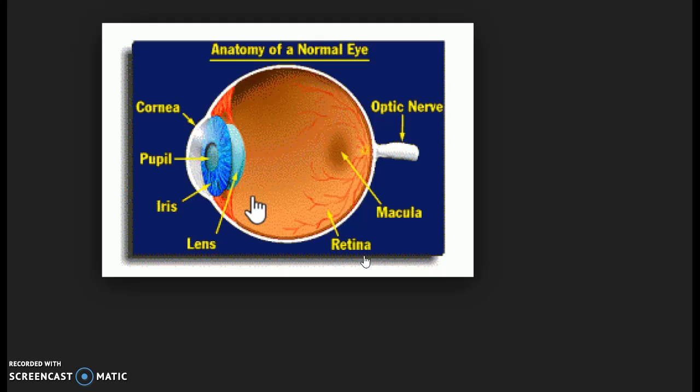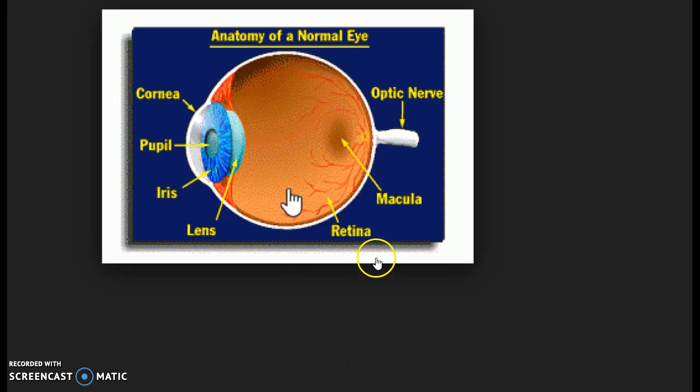Anyways, people who have macular dystrophy end up having central vision loss. What happens is these cells right here, your macula cells, deteriorate over time. The reason these cells are so important is because they're responsible for your central vision.